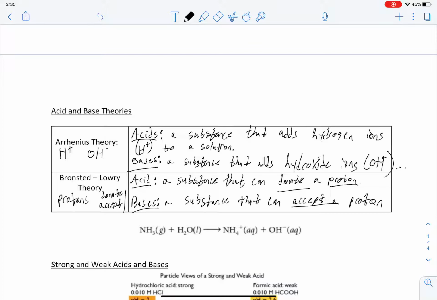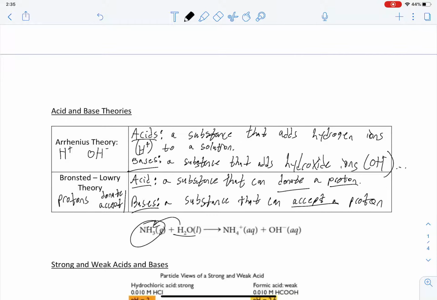So if we look at this solution of ammonia, we can see that ammonia is in a solution of water, right? It's an aqueous solution. And so one hydrogen ion is actually going to go and donate to the ammonia.